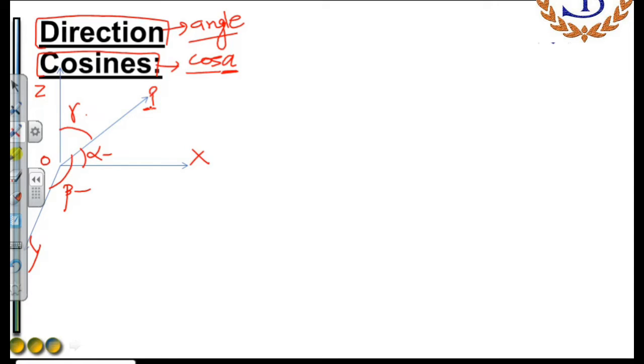Direction cosines means the cosines of these angles. So the direction cosines of a vector are cos alpha, the direction cosine along the x-axis, then cos beta and cos gamma. These are the cosines of the angles of the OP vector along the coordinate axes, and they are known as direction cosines and can be represented by l, m, n.